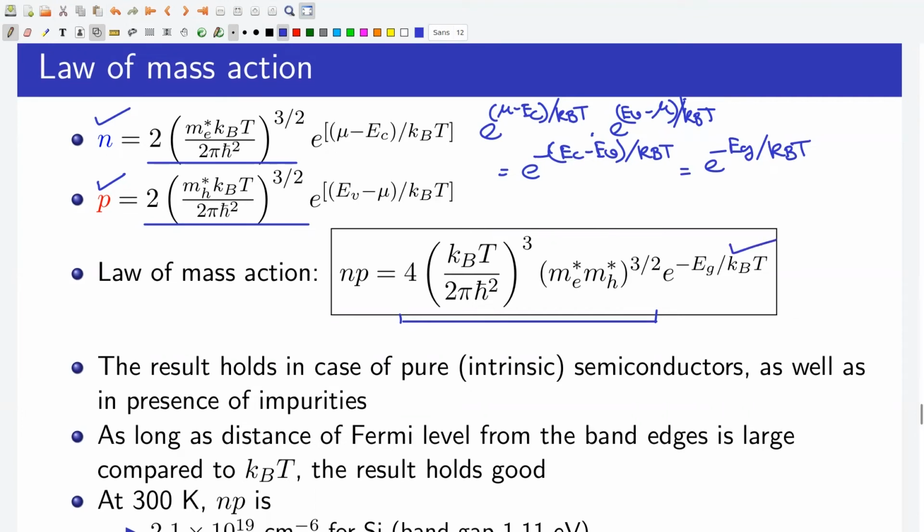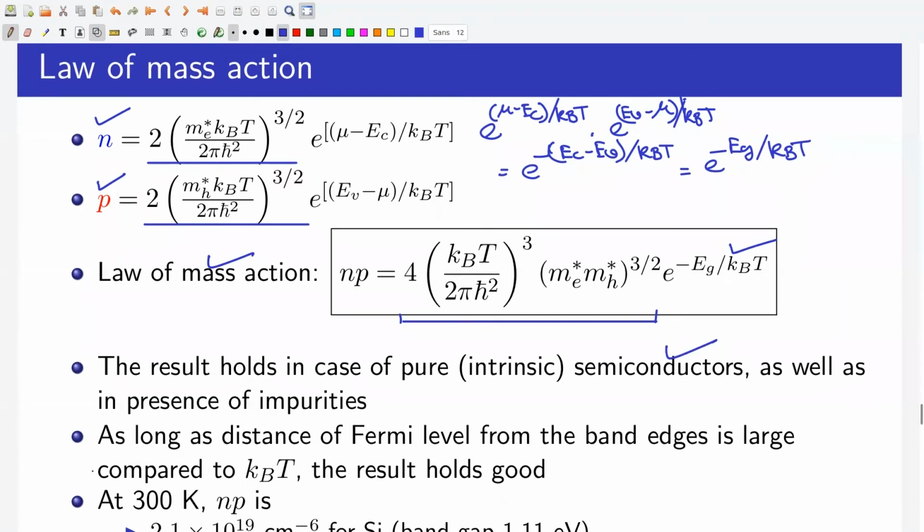Thus, we got an expression known as the law of mass action, which is independent of chemical potential mu. Note that nowhere in the derivation do we assume the semiconductor to be pure or intrinsic. Thus, the law of mass action works for pure as well as impure semiconductors.